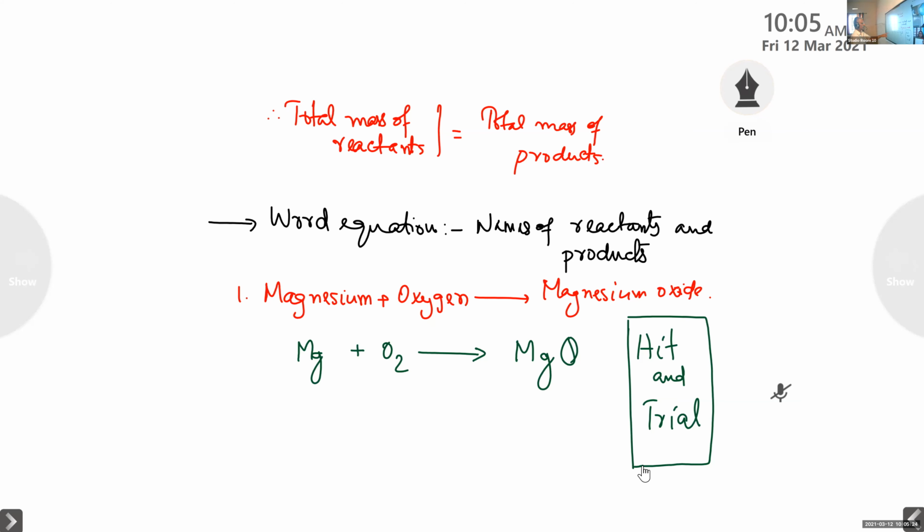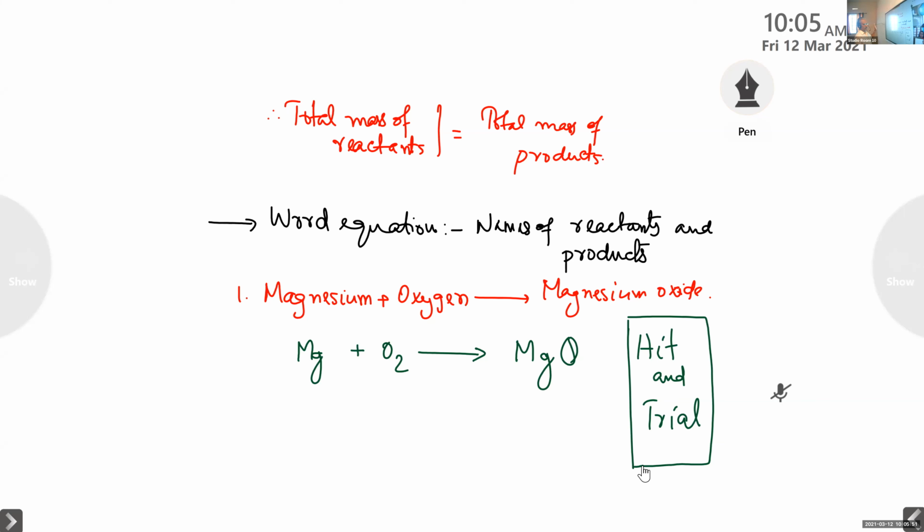Okay, let us try to balance this equation. A very simple equation. Look at the left hand side. If you begin from Mg, look at the board, the number of Mg atoms on both sides is equal.